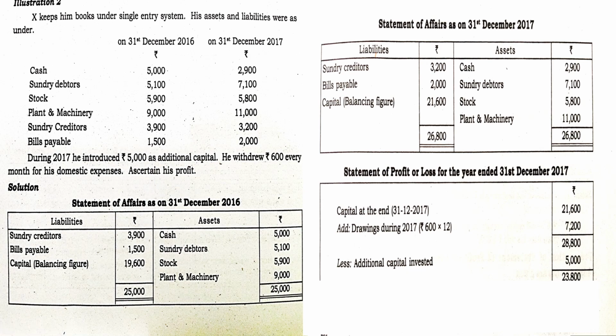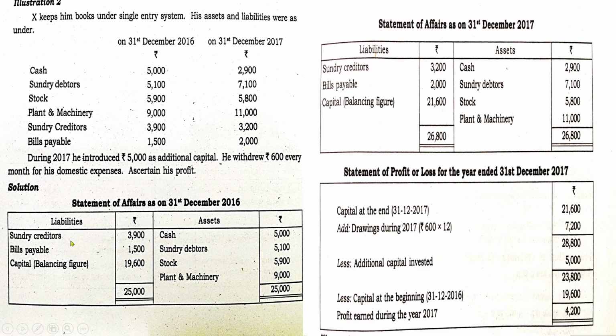From this amount, you have to deduct the opening capital balance, or capital on 31/12/2016. Then you will get an amount 4,200. Since it is a positive value, we can consider it as the profit earned by Mr. X during the period 2017, rupees 4,200.